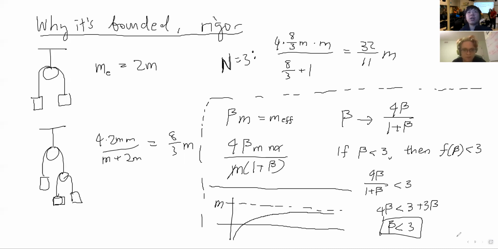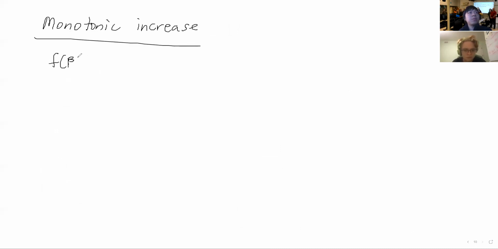However, the next part is that it's monotonically increasing. So f of beta is always going to be greater than beta for all beta less than 3, right?